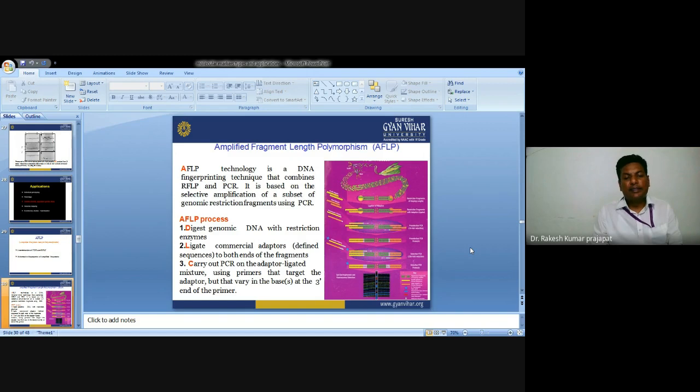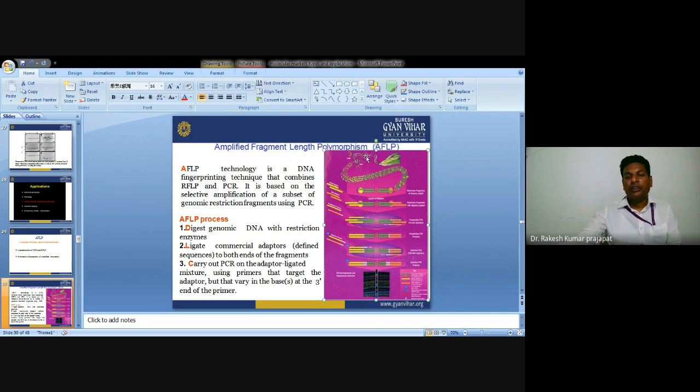In the AFLP protocol, we digest the genomic DNA with restriction enzymes, then ligate the adapters, which have different sequences at both ends. Here is the figure, I think it's clearly visible. This is the genetic material, DNA, which we digest by restriction enzyme.